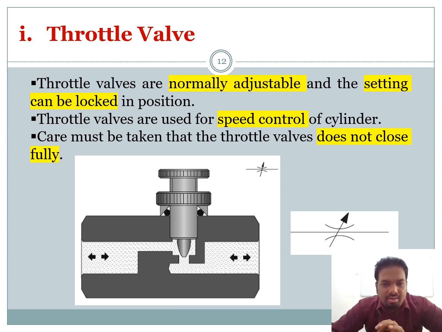Okay, so you can lock it in one position. Throttle valves are used for speed control of the cylinder. The more you restrict, the slower the cylinder will be. If you allow more flow, the cylinder will expand and retract fast.